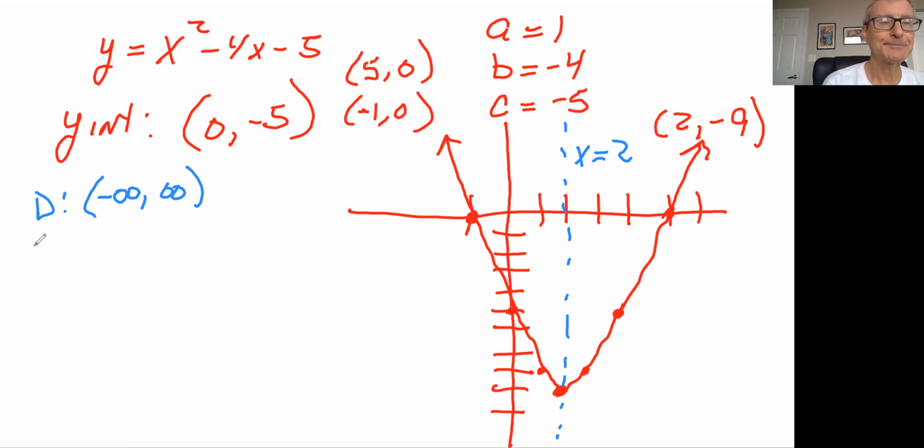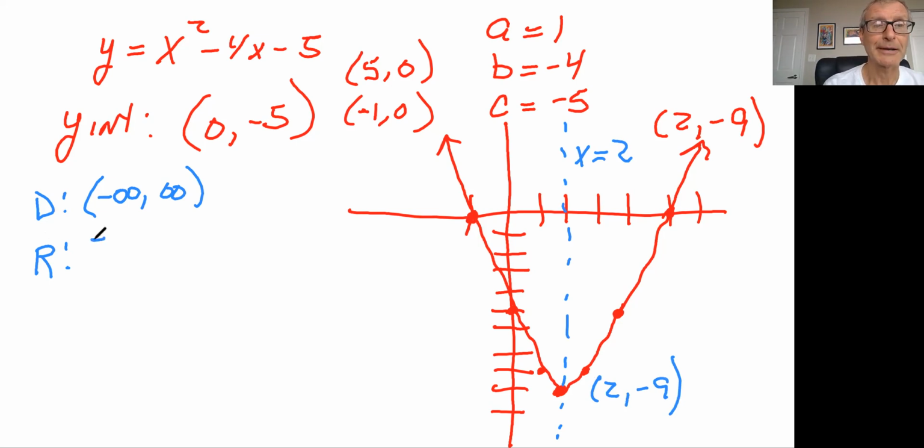But the range is restricted. It's not all real numbers because the vertex will be one part of the range and plus or minus infinity is going to be the other one. And so the vertex down here is (2, -9). So you could see that the y values don't go below the vertex, right? Because that's the minimum value.